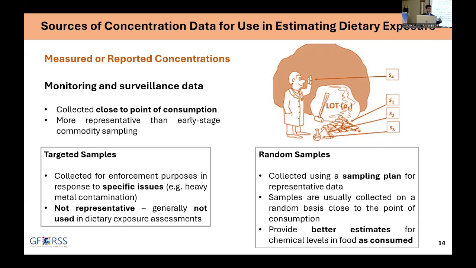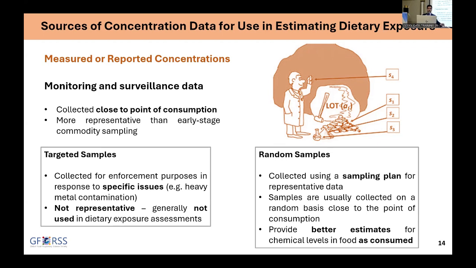They are somehow more representative than early stage commodity sampling, as in the situations we explained. However, we will be discussing some limitations and some bias coming with data from a monitoring and surveillance program, because when we implement a monitoring and surveillance program, normally it is for compliance verification. So we have to consider this bias, and we will be discussing that further in upcoming presentations.